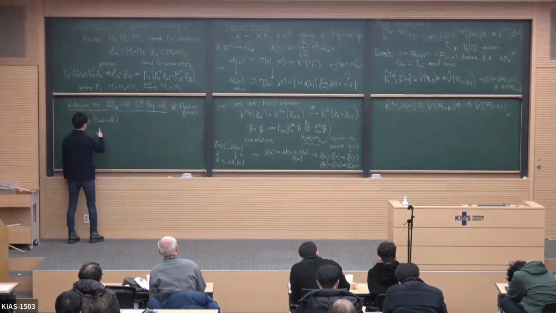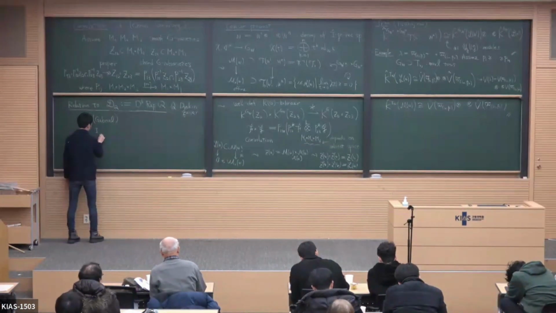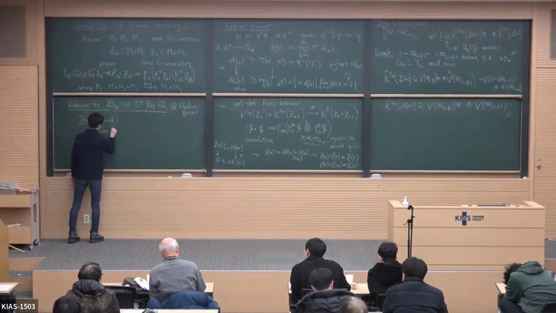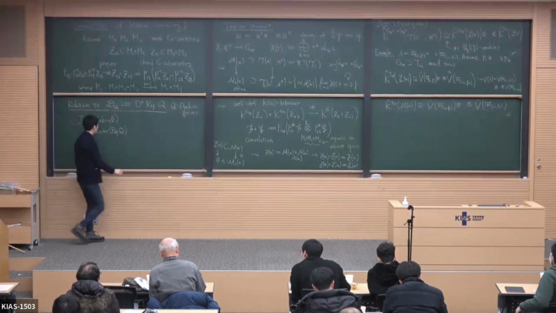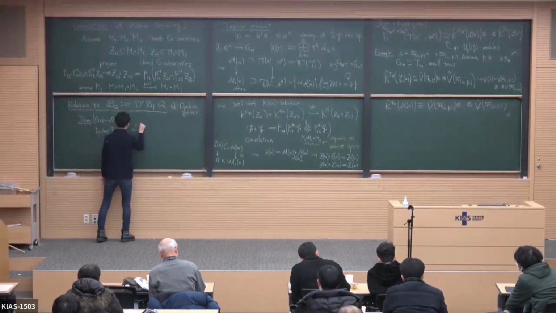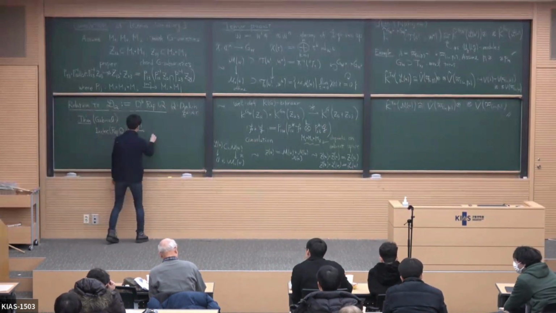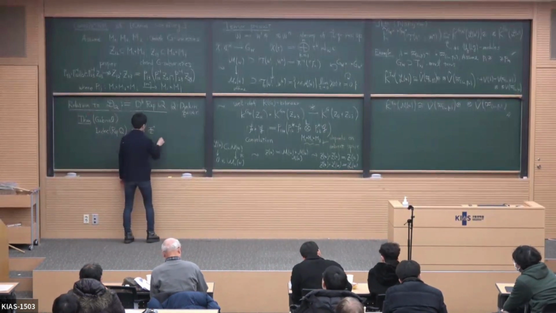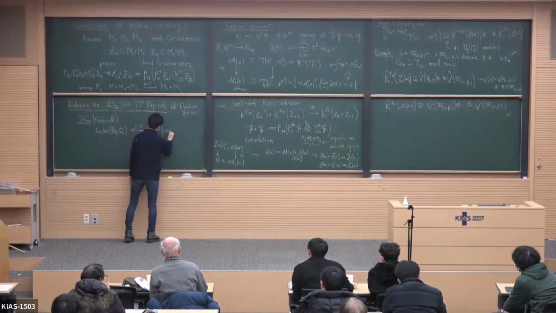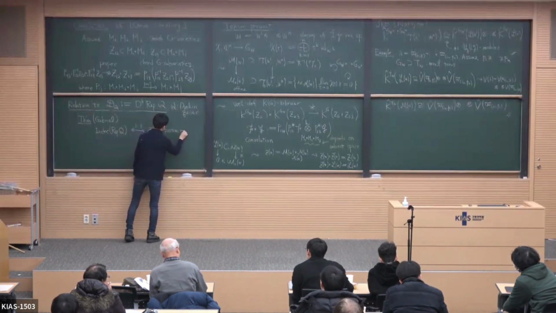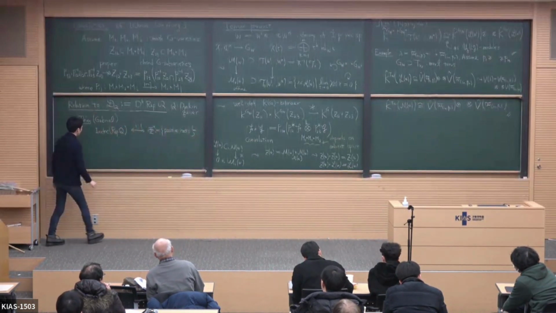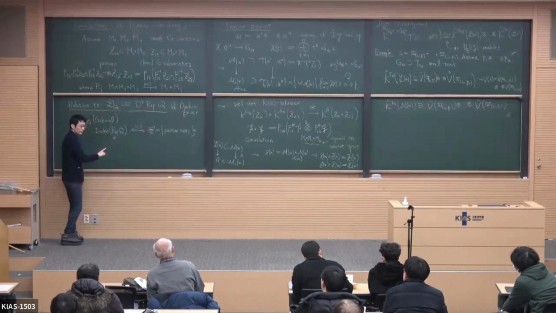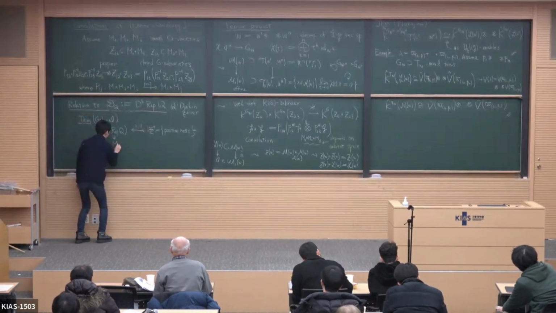He found a bijection between the indecomposable objects in this category of representations of Q and the set of positive roots. And this correspondence is given by just taking the dimension vector of the representation.